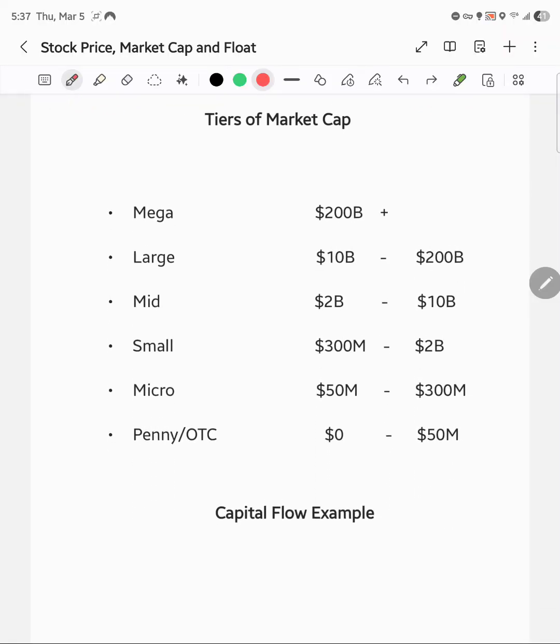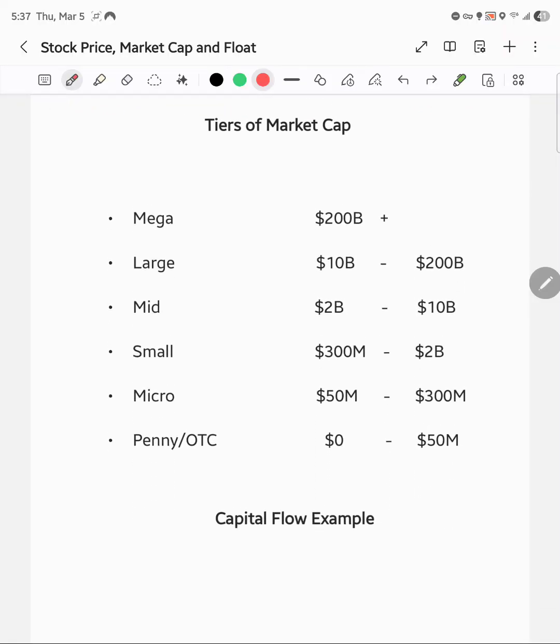Now, there are different levels of market cap, okay? So, for example, mega caps. There are many companies that we can name. Now we have trillion-dollar companies like Google, Meta, Tesla, Nvidia. They all fall in this category right here.